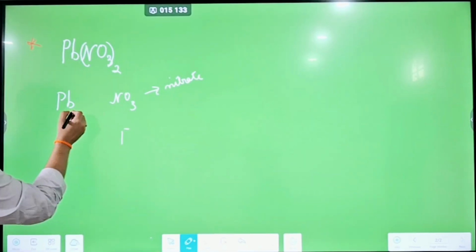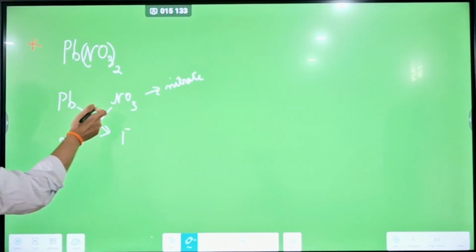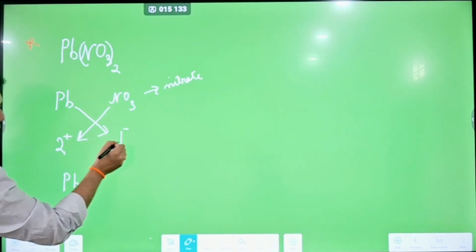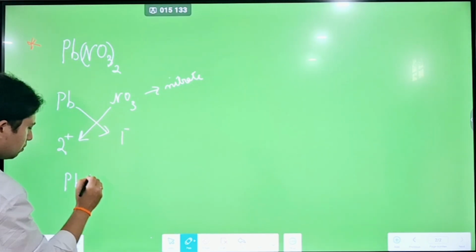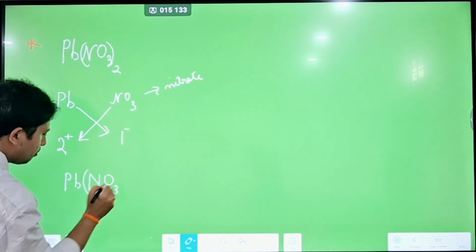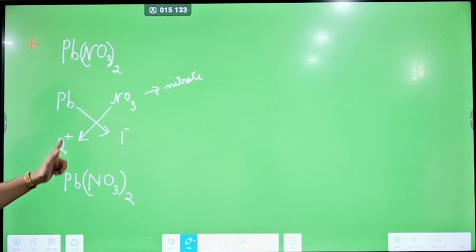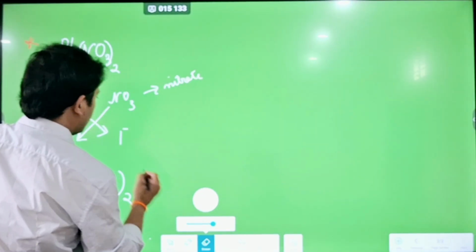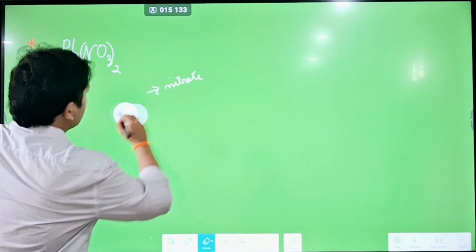So again the crisscross formula, which we learned in class 9. Pb takes the power of nitrate, and since nitrate has power 1, we don't write it, but NO3 goes in a bracket with 2 outside, since Pb has power 2. I hope you understand now.